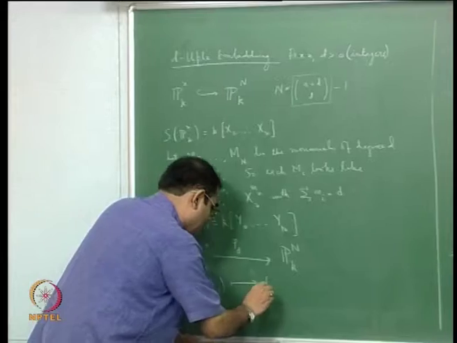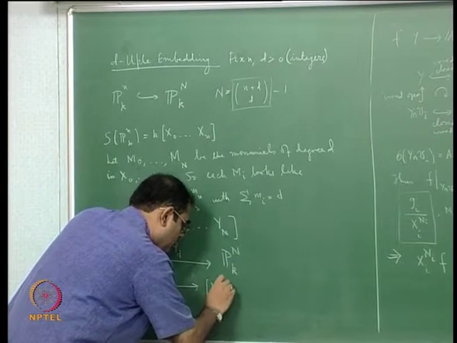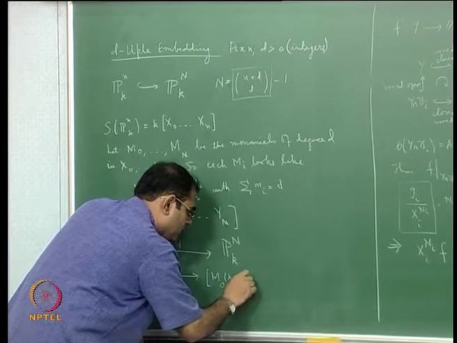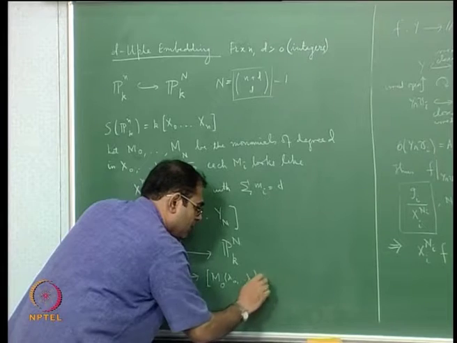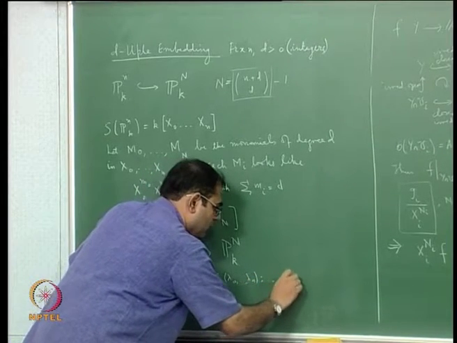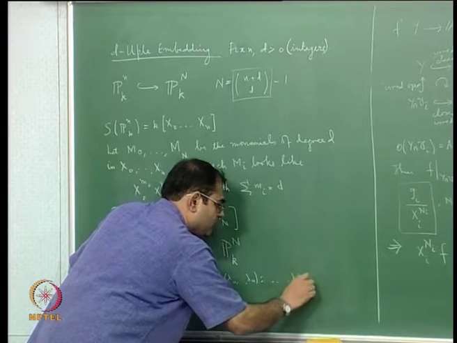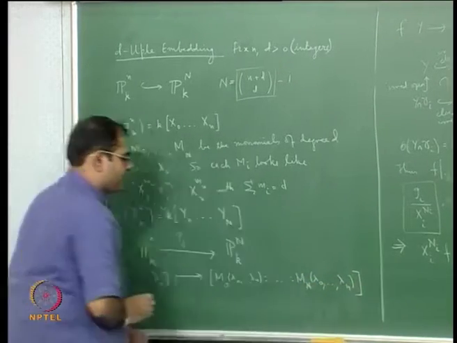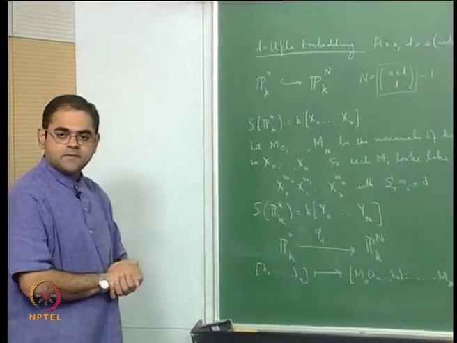So let me write it as m0 of lambda naught, etc., lambda n, and it will go on up to mN of lambda naught, etc., lambda n. Okay, so this is the map.